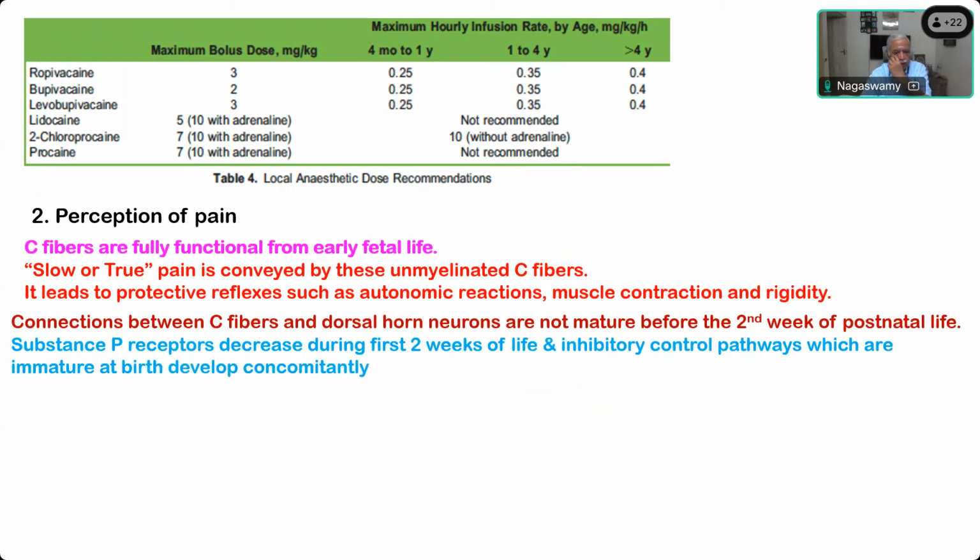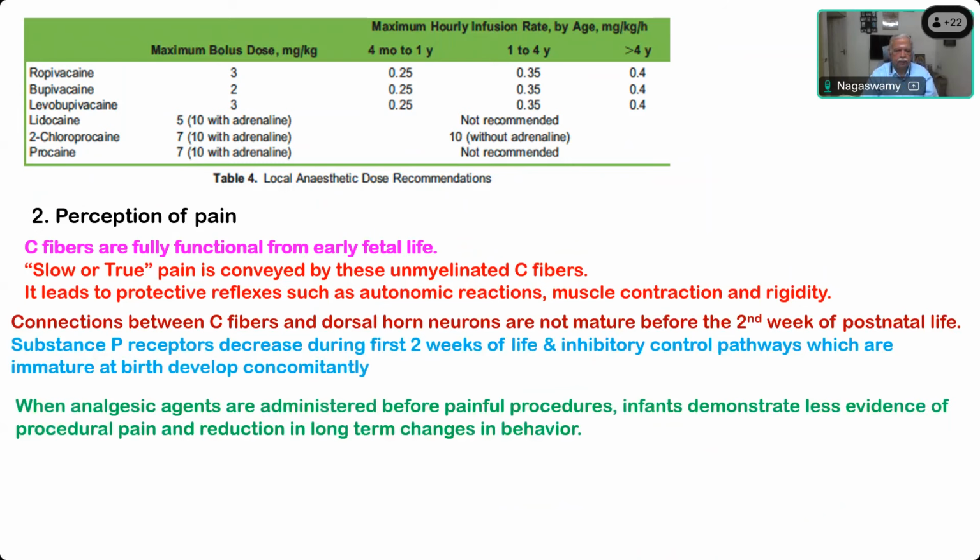Substance P receptors decrease during the first 2 weeks of life, and inhibitory control pathways, which are immature at birth, develop concomitantly. So these two things are the protective mechanisms that develop. And when analgesic agents are administered before a painful procedure, that is preemptive analgesia, infants demonstrate less evidence of procedural pain.